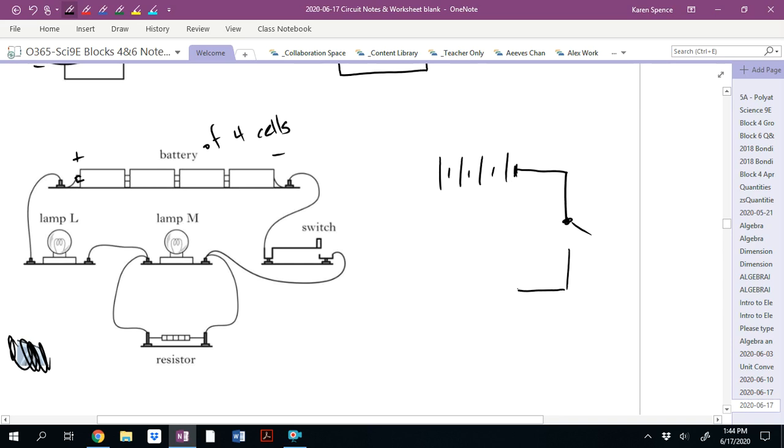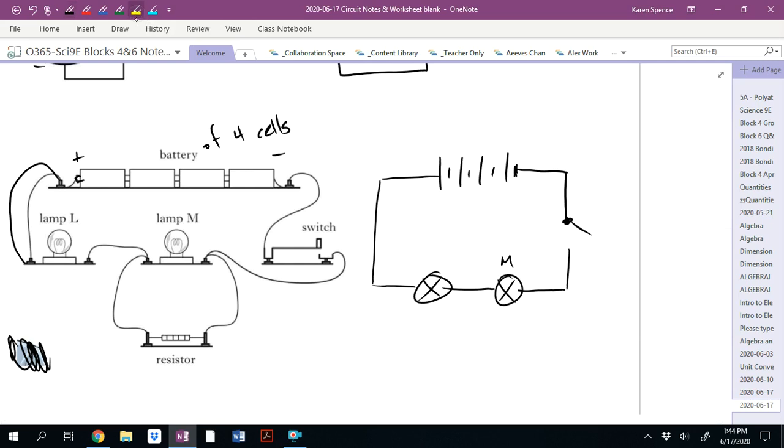And then I have a lamp. And then I have another lamp. So this is lamp M. And then I have lamp L. And then lamp L just goes right back to the batteries. And notice that, how is this resistor connected to this lamp?